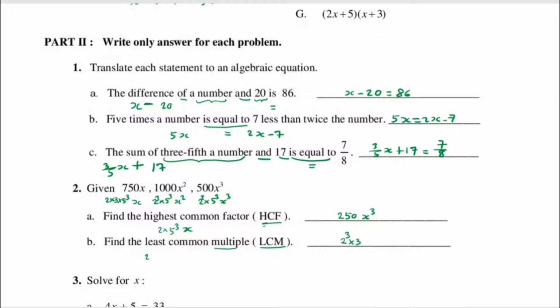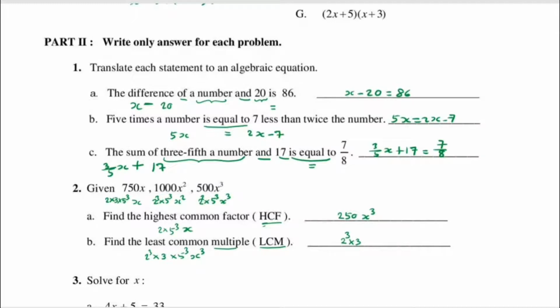Let's write here 2 to the power 3 times 3 times 5 to the power 3, and you have to take x to the power 3. x divides x to the power 3, x squared divides x to the power 3, x to the power 3 divides x to the power 3, so you must take x to the power 3 at least.